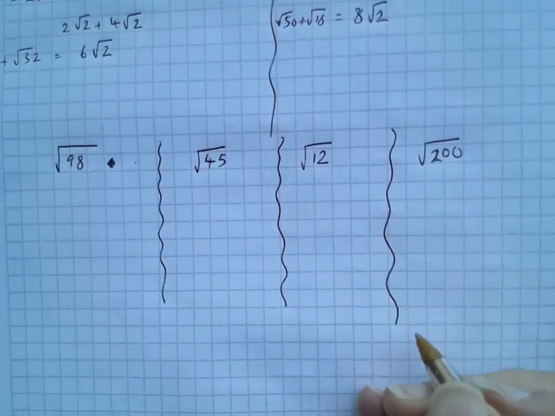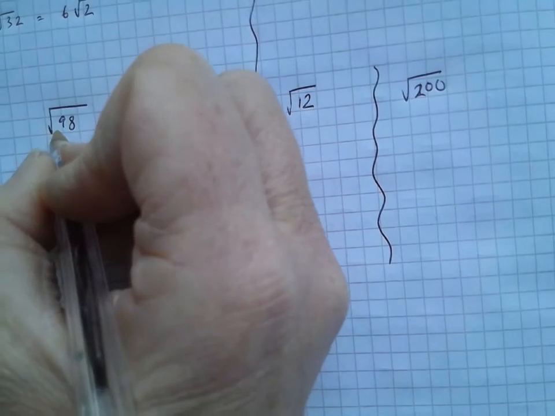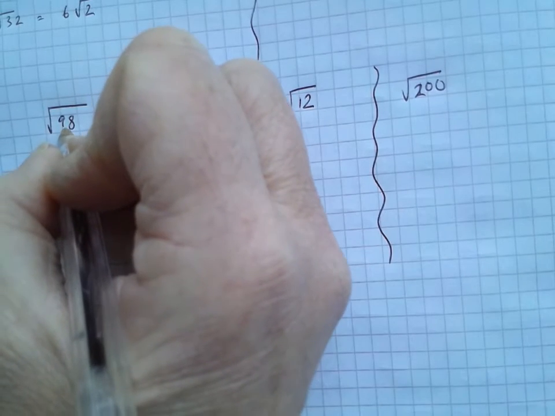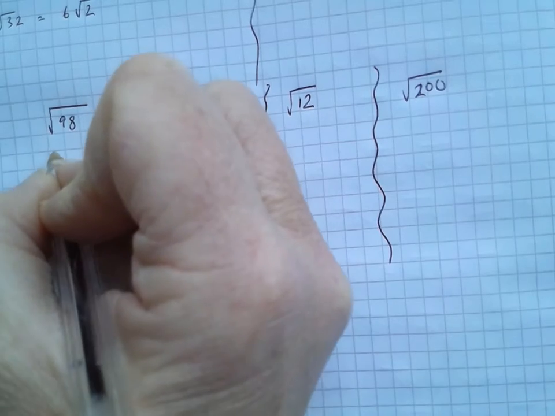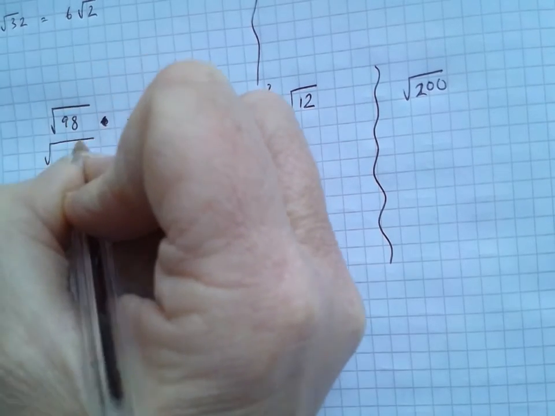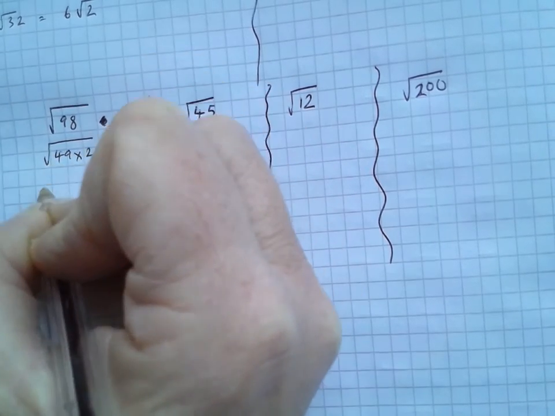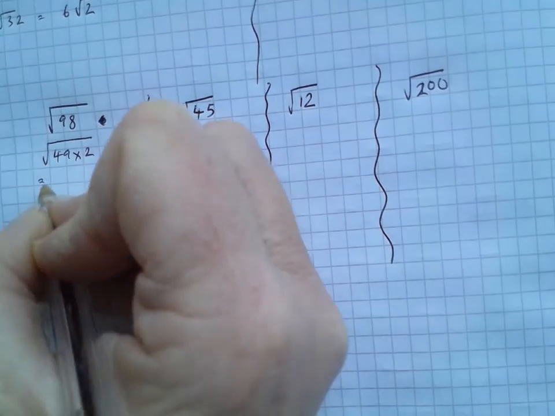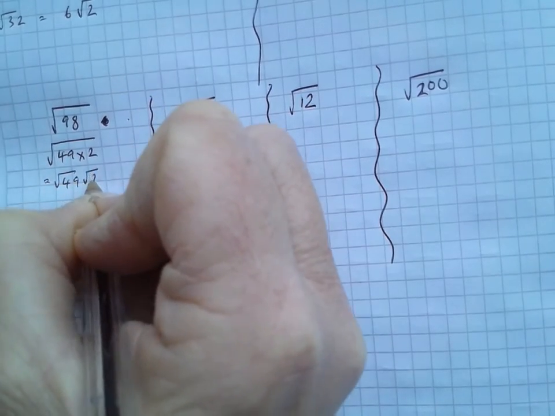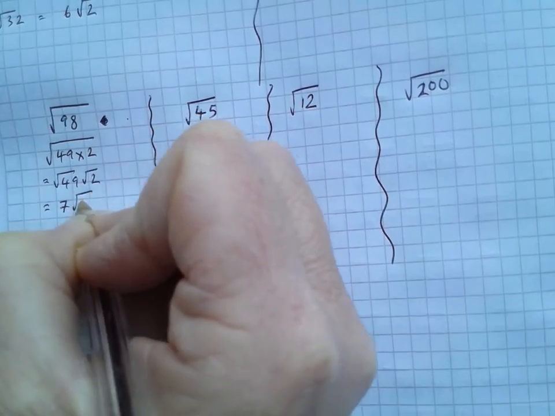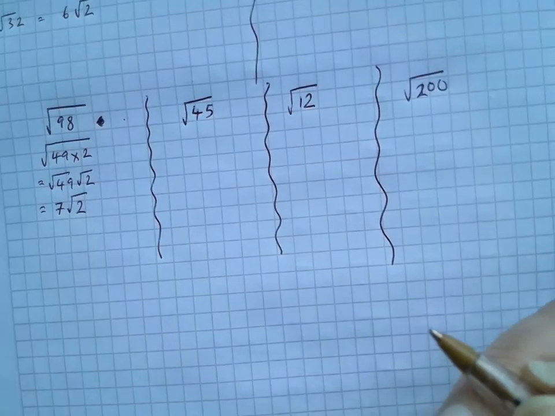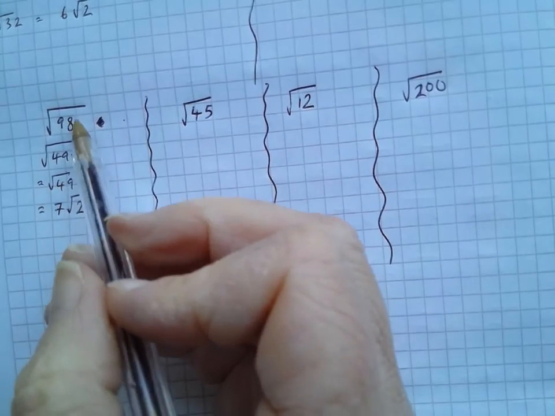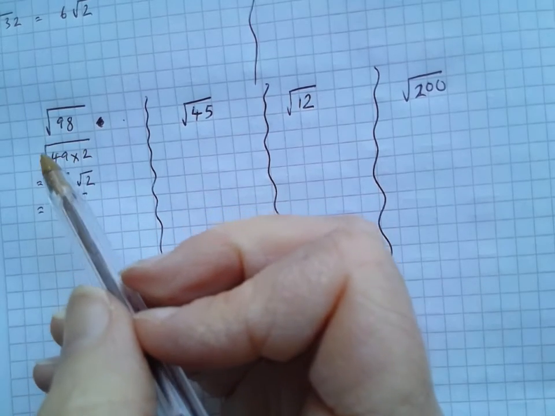Here's some other ones that we might try and reduce. 98. So factors of 98. Well, 98 is 2 by 49. So root 49 by root 2. Well, 49, as we know, is a square number. That's why I chose it. 7 root 2. Because 98 is also 14 by 7, but that's useless to me.